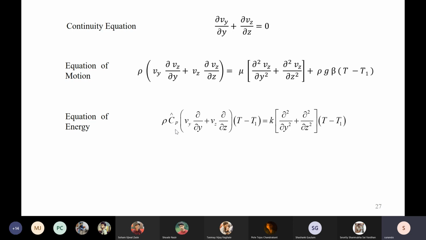Once again, the Vx term has been neglected, and there is no viscous dissipation since the velocity is small, and no heat generation. So these three equations have to be solved in order to obtain some sort of an idea of the heat transport in such cases.